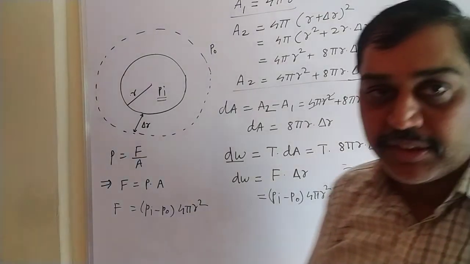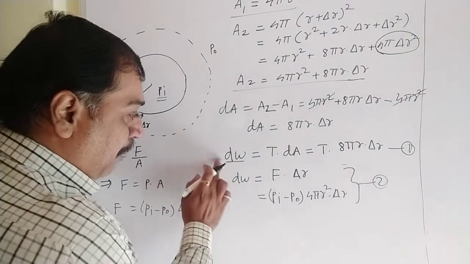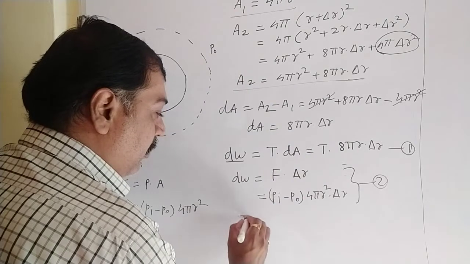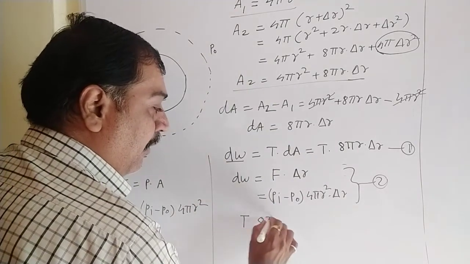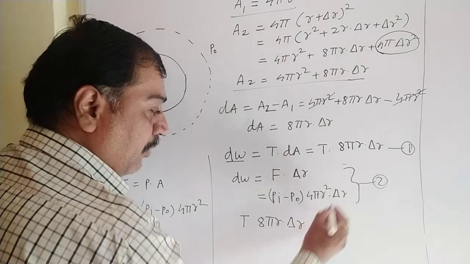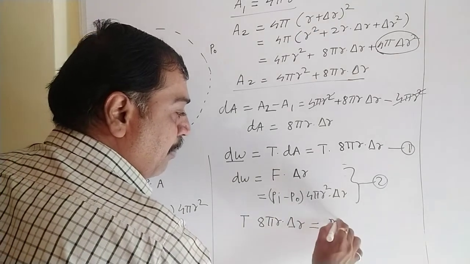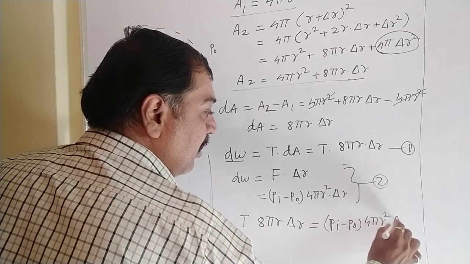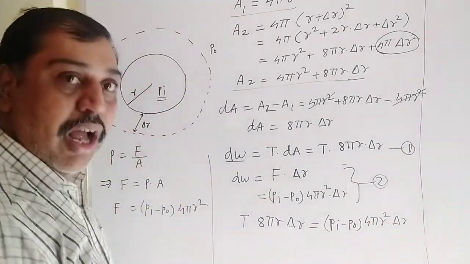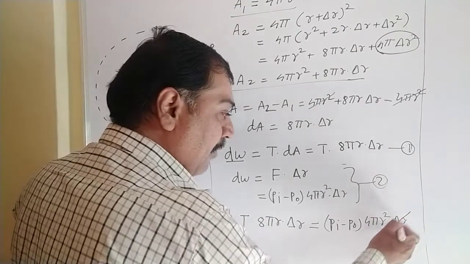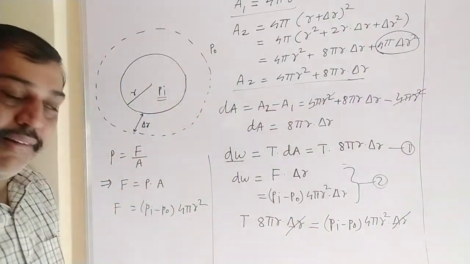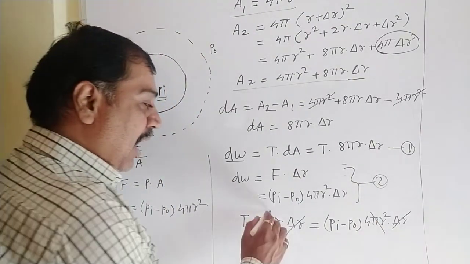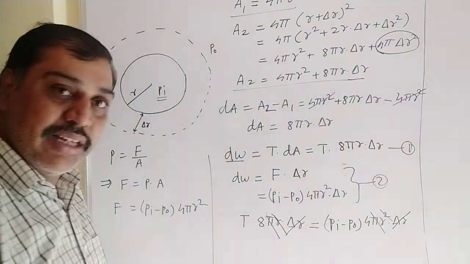So we write T into 8 pi r delta r, that is equation 1, equal to Pi minus P0 outside the bracket, 4 pi r square delta r. In this equation, delta r from the right side and left side cancel out, pi from both sides cancels out, and one r from both sides cancels out.